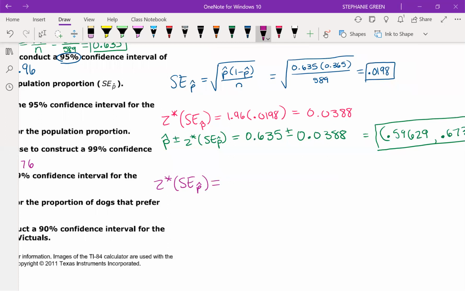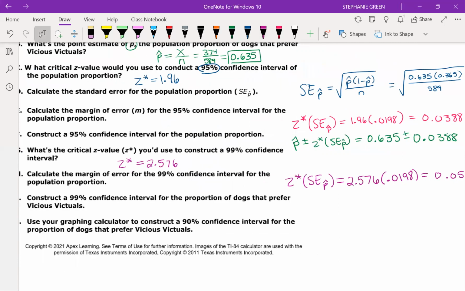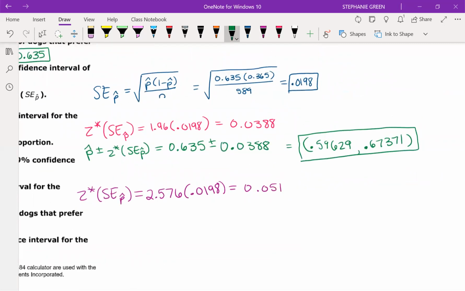But now my z star is 2.576. My standard error, though, is completely unchanged. So when I take that standard error, 0.0198, and multiply by our new z star, we get a new margin of error, which is 0.051, which we can then use to calculate our 99% confidence interval, the same way I did in green above here with my new margin of error.